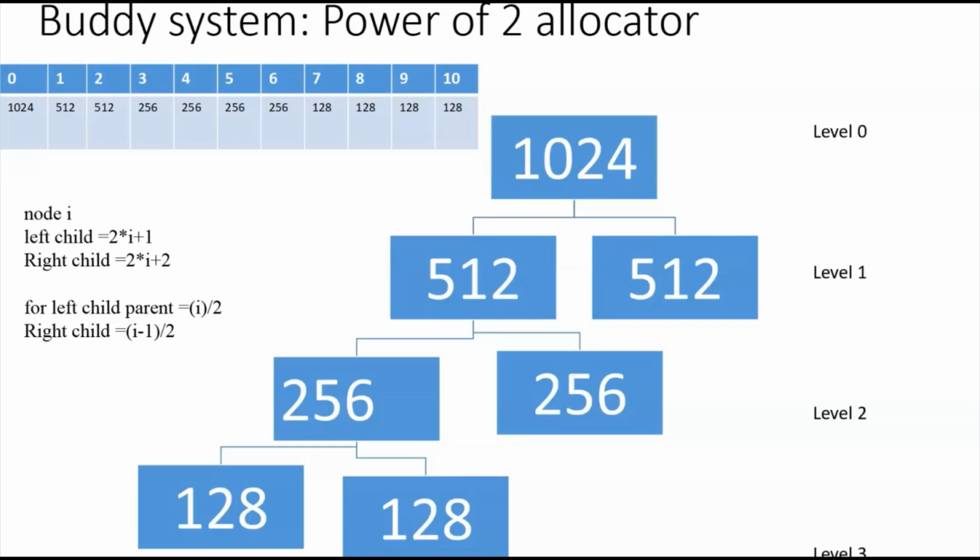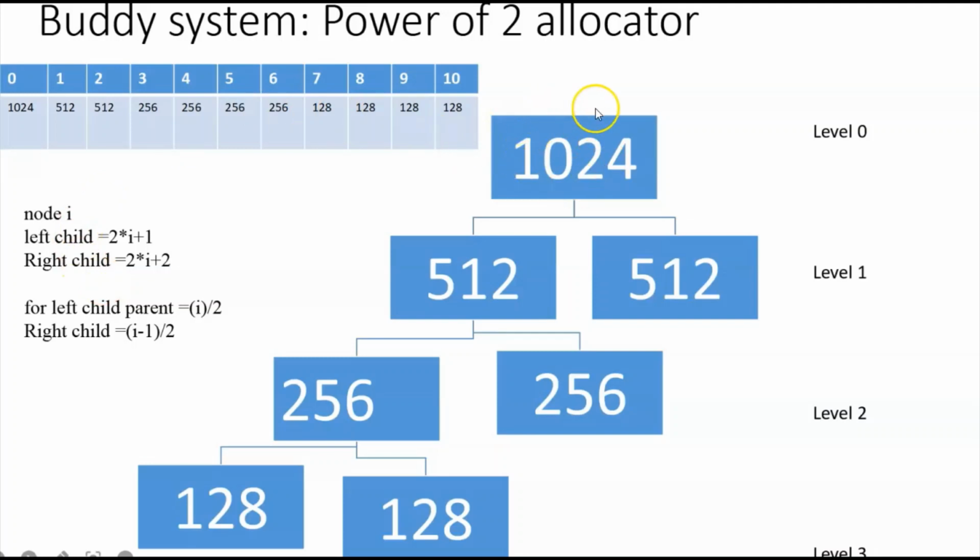In array implementation, for a given node, say this is the node, right? If our parent node is at 0, then its left child will be here and its right child will be here. Now for this particular node, which is at 1, its left child will be at location 3 and 4, right? And for this it will be 5 and 6, right?